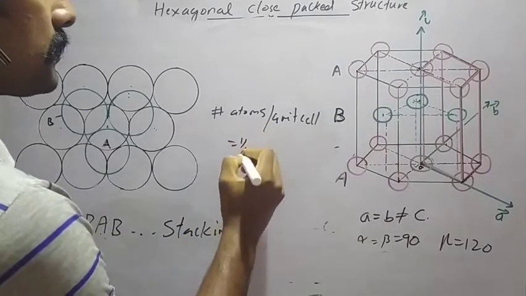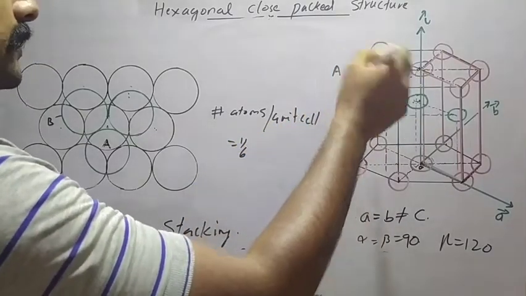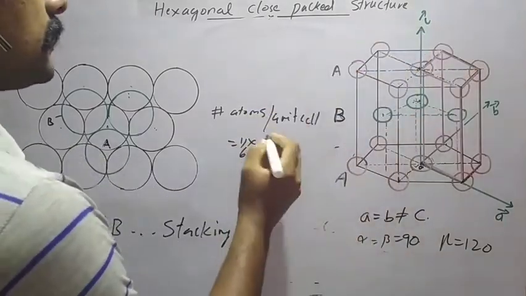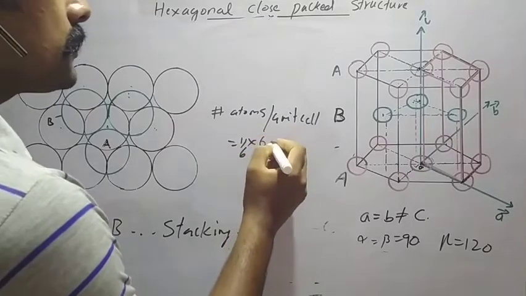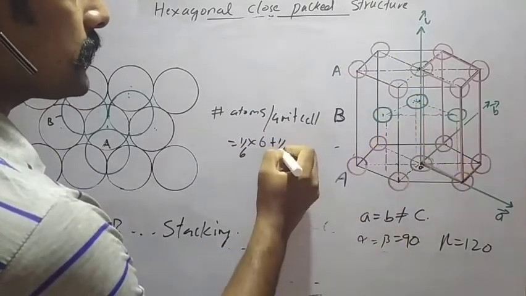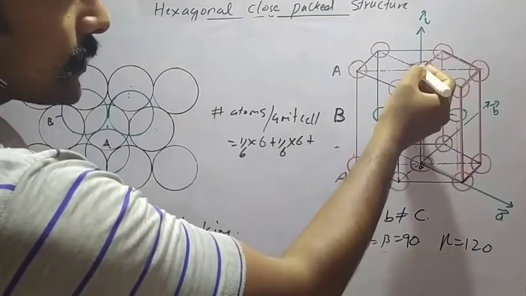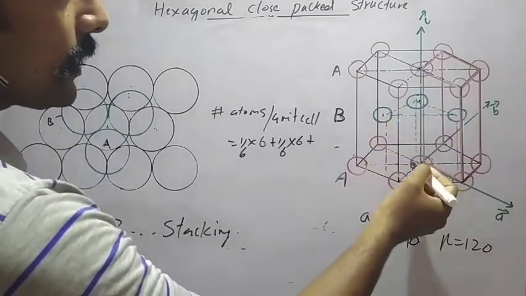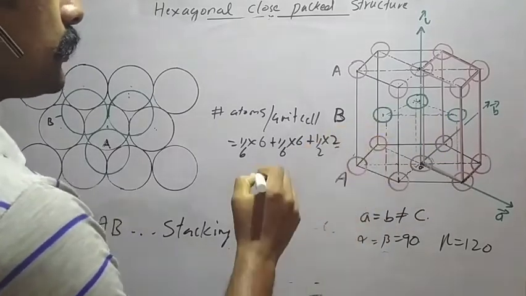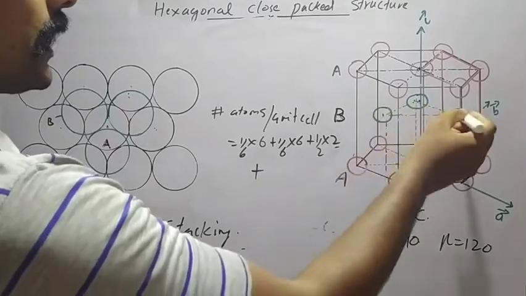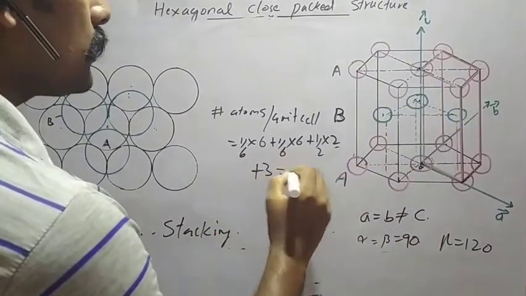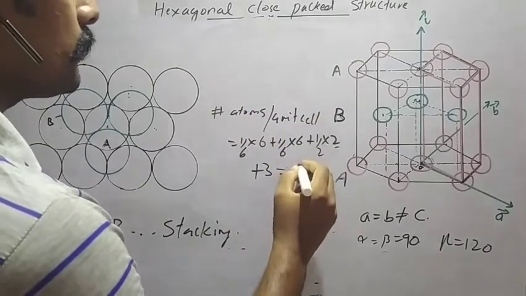So 1/6 portion of this atom is inside this unit cell, times 6 atoms, that is 1/6 into 6, plus the same thing happens in the bottom layer also, so 1/6 into 6. Plus half portion of this atom is inside this unit cell, and half portion of this atom is also inside, so half into 2. Plus another 3 atoms are completely inside the unit cell. So the number of atoms per unit cell is equal to 6.